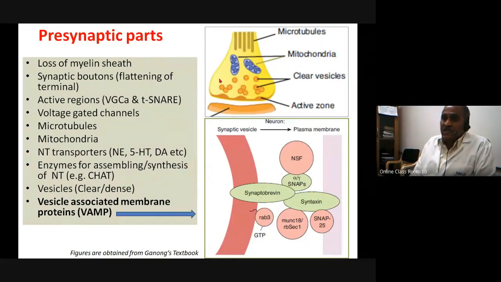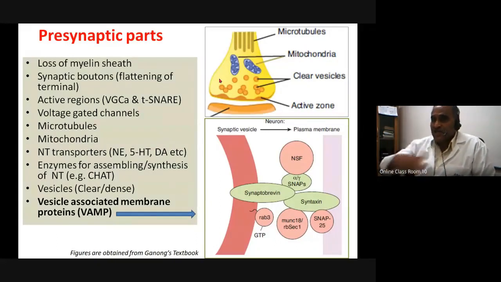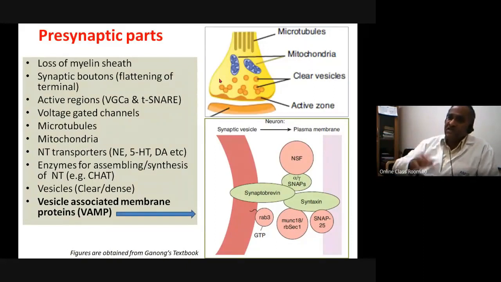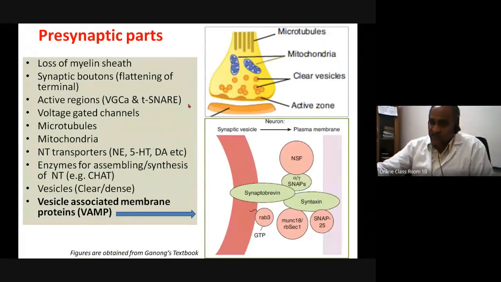Dense vesicles contain the peptides, which may be substance P, bradykinin, or enkephalins. These peptide neurotransmitters are in dense vesicles. So it does not matter whether they are clear or dense vesicles. They contain the neurotransmitter, and it signifies whether the neurotransmitter is of low or high molecular weight.